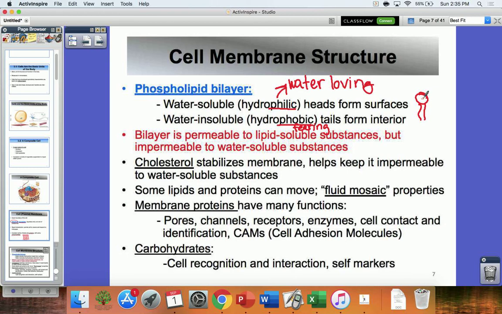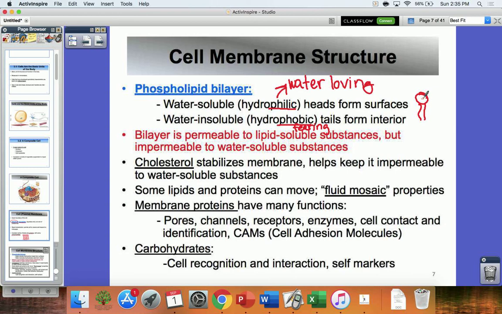And again, we have a lot of different things inside of the cell membrane, like cholesterol, and we'll talk about that a little bit later. Also, lipids and proteins, because they're inside the cell membrane, have a bit of flexibility, so the cell membrane is not as stiff as, say, in plants. And so it has this fluid mosaic property, the cell membrane itself.